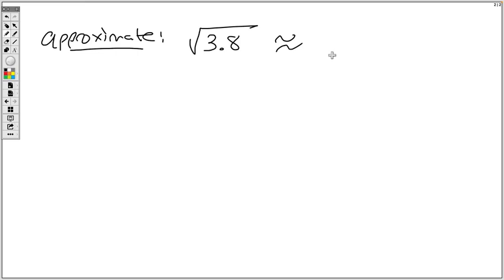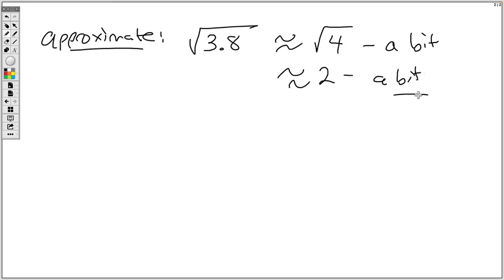Because 3.8 is pretty close to 4, and is it going to be a little bigger or a little smaller than 4? Yeah, minus a bit. So it's roughly 2 minus a bit. Make sense? Okay. Now, part of what we're going to do today is figure out a guesstimate for what that little piece is. That's how I like to start this problem.